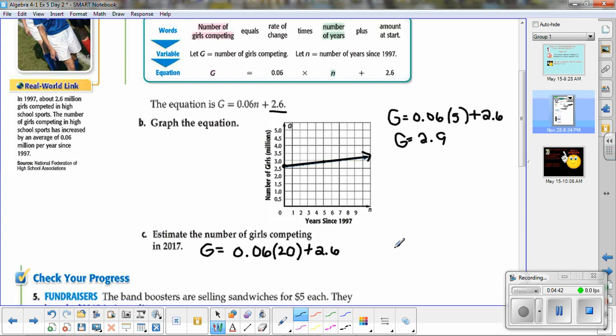So 0.06 times 20, that's 1.2 plus 2.6. That's going to be the number of girls competing is going to be 3.8 million.